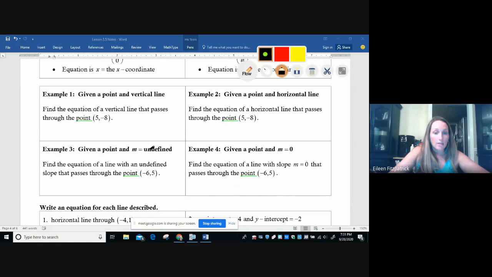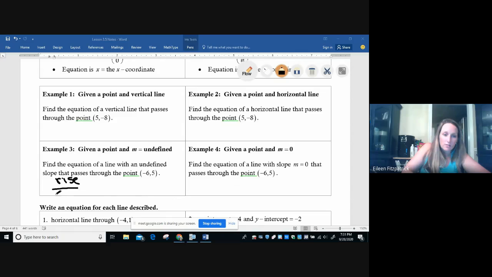The next one says, given a point and the slope is undefined. So for this, you just have to remember what kind of lines have undefined slope. If you think about rise over run, it's when your run is 0. So it's some number and then 0. So what kind of line has no run? Well, if I was to sketch a vertical line, from this point to this point, you're rising, but you're not running.